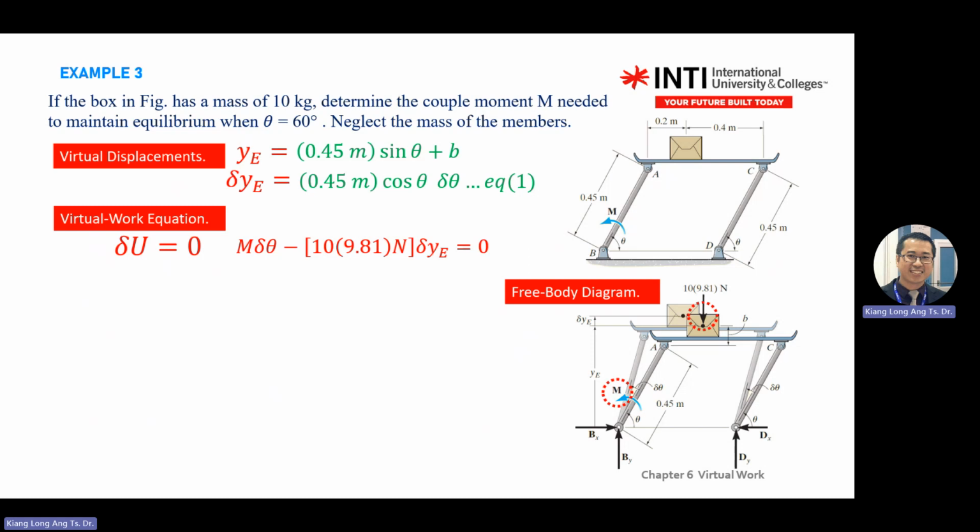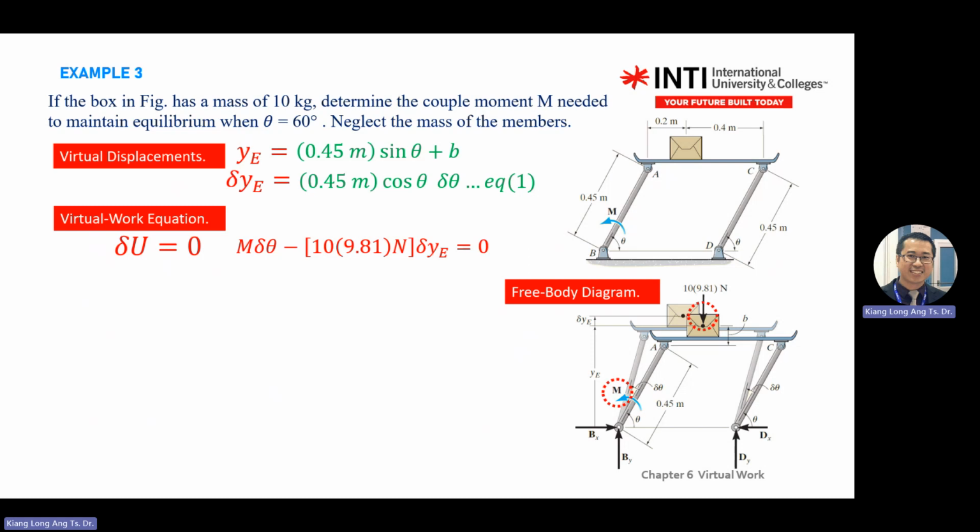Then you look at the diagram. Moment does work because of rotation. Moment multiplied by delta theta, minus W times delta Y, minus because your reference goes up positive.